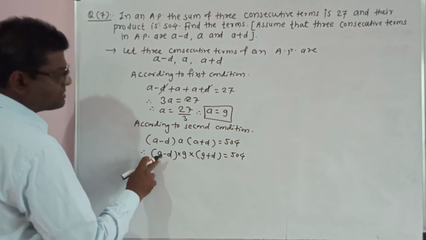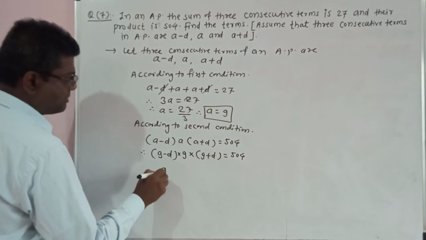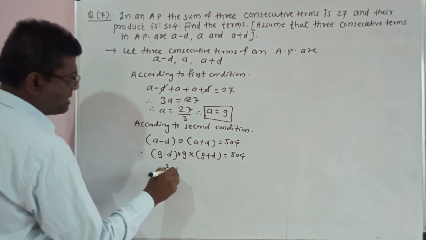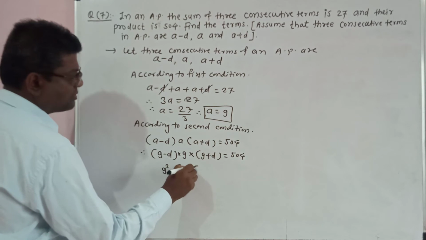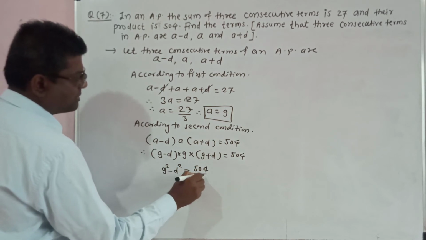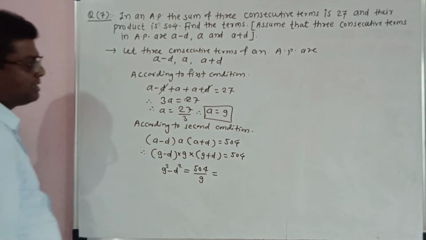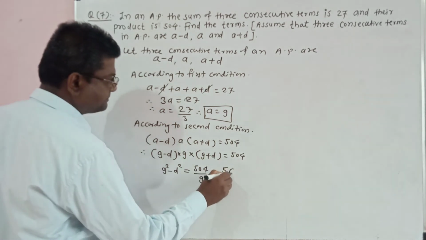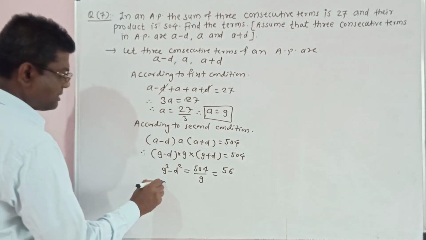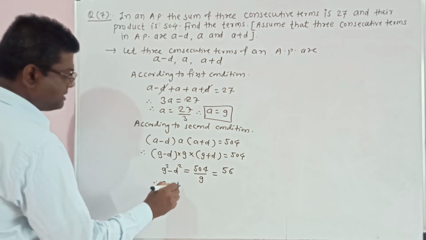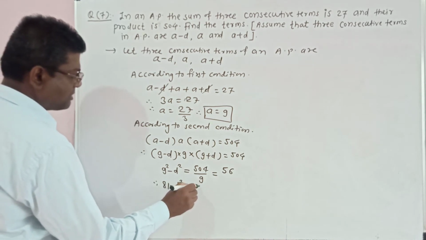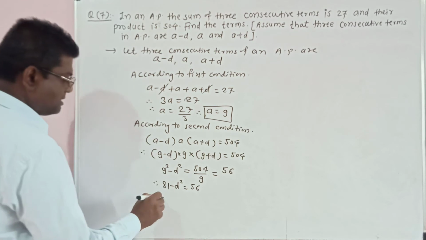Now 9 minus D into 9 plus D, that will be 9 square minus D square is equal to 504 upon 9. This 504 upon 9 will be 56. Therefore 81 minus D square is equal to 56.